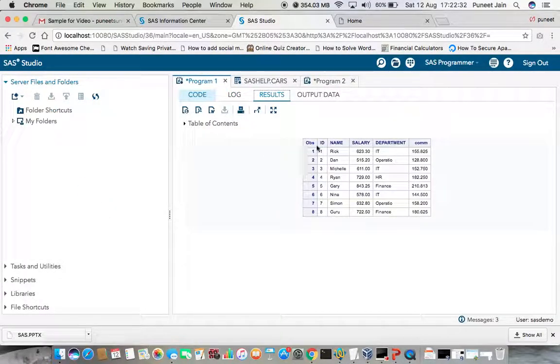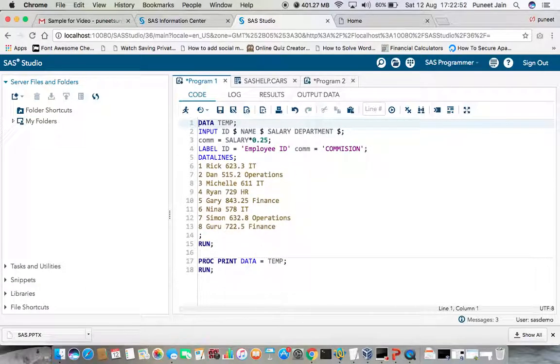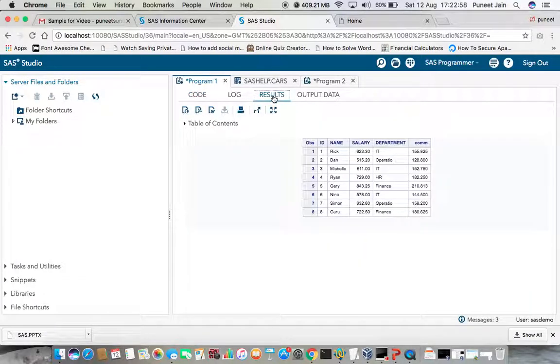See, we have ID, name, salary, department, and the commission, that is 25% of the gross salary which we have offered to these employees. Right, let's go back to the code and just delete these set of comments. Now we have a simple input, right? Let's run this. Have a look at the result again.